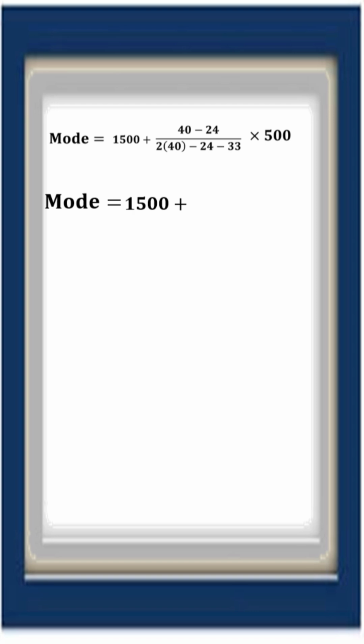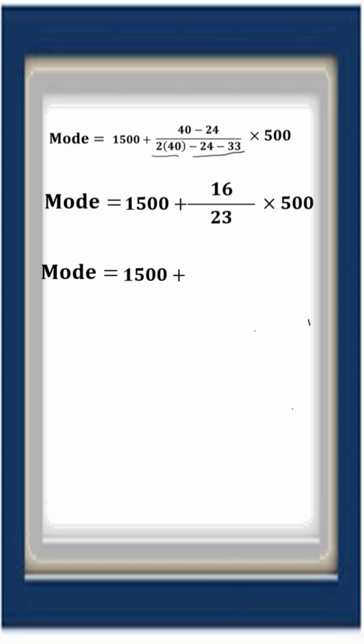So mode is equal to 1500 plus (40 minus 24), that is 16, over 2 into 40, which is 80, minus 24 minus 33, that is minus 57, into 500. 80 minus 57 is 23.